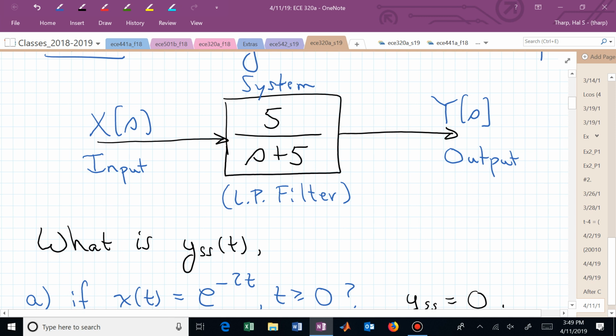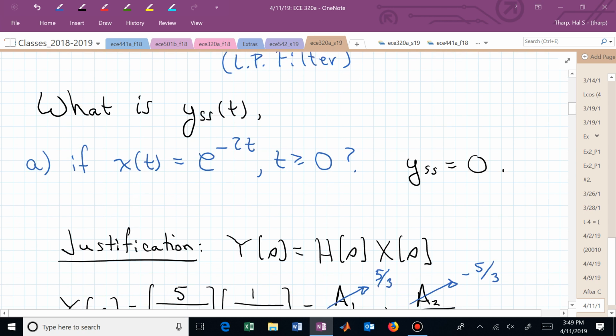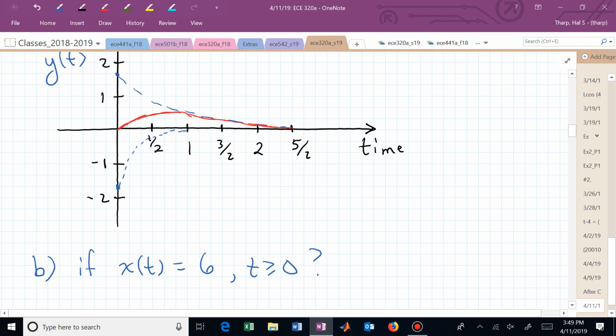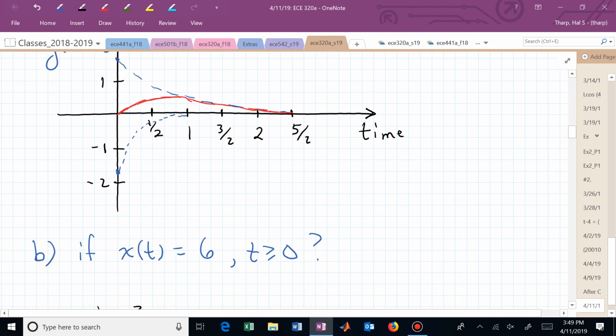So this is going to scale our input by a value of 1 in the final value, or at the final end result in steady state. So this one is 6.